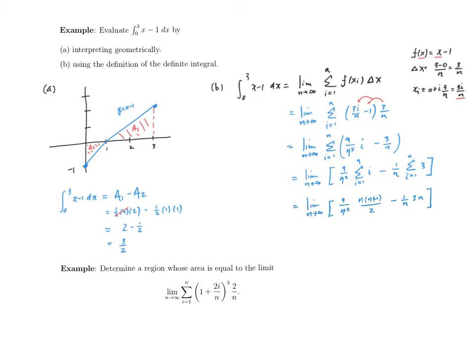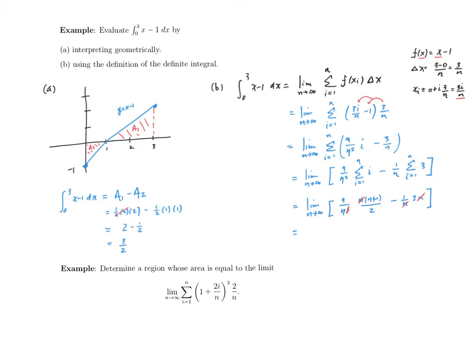So note, if we want to do some cancellations, we can say n and n cancel, n and n cancel. So in terms of evaluating this limit, it's rather ideal. The first part is a rational function in n, 9n plus 9 over 2n.